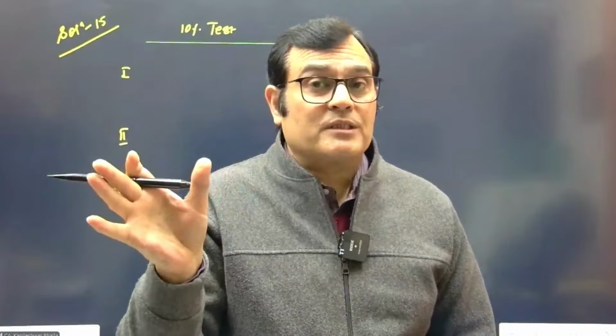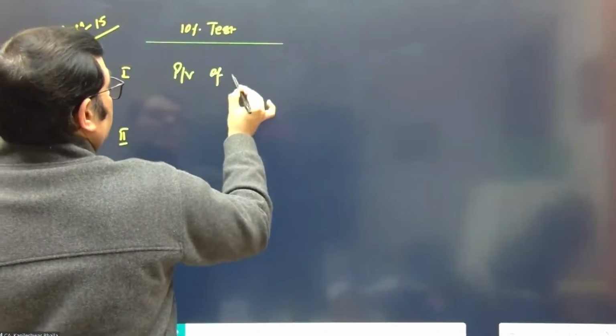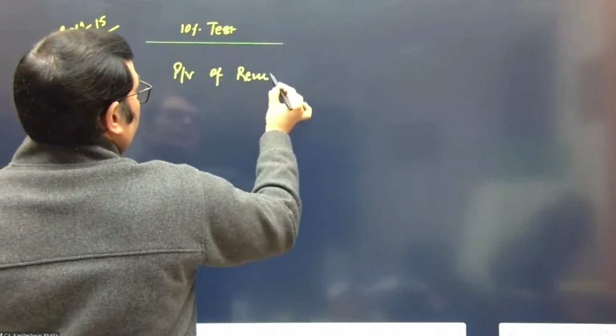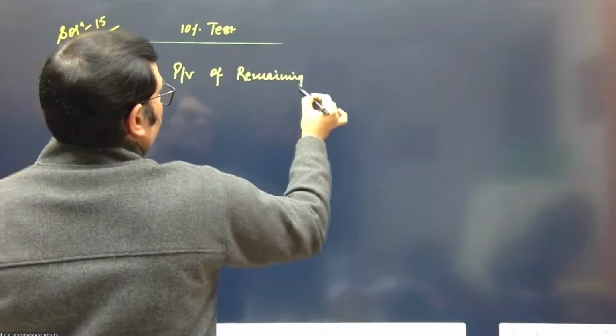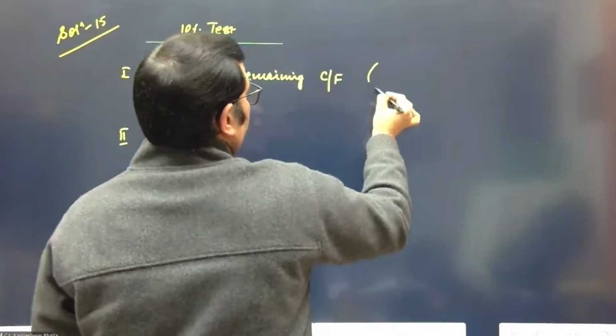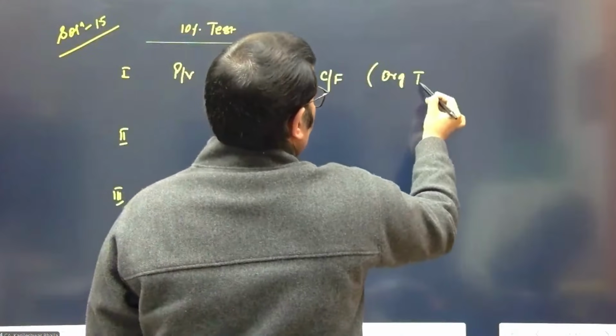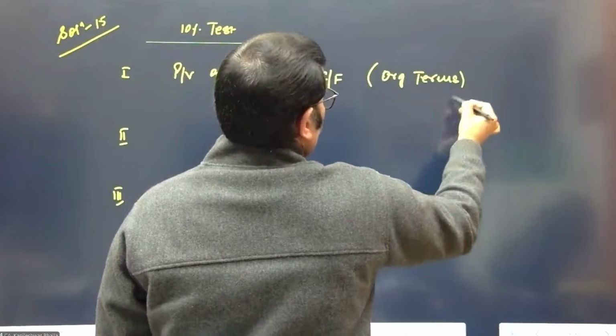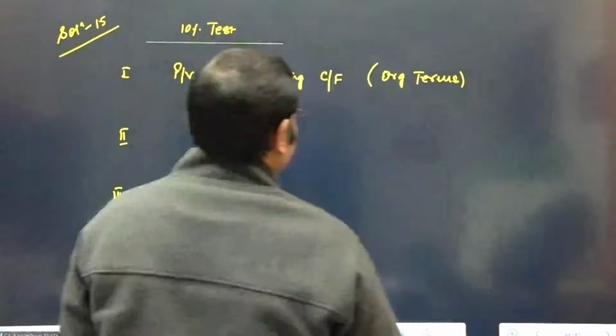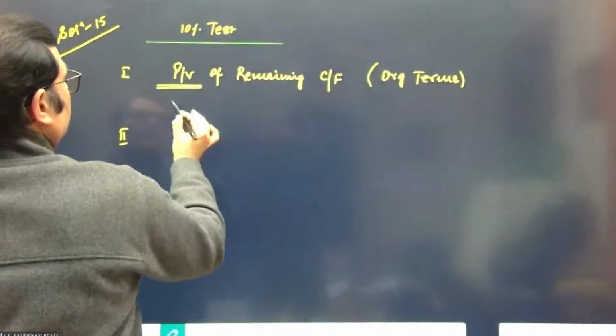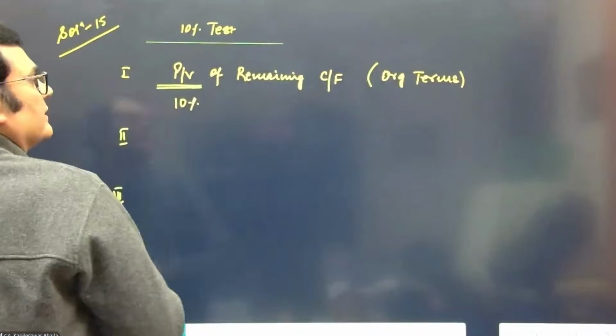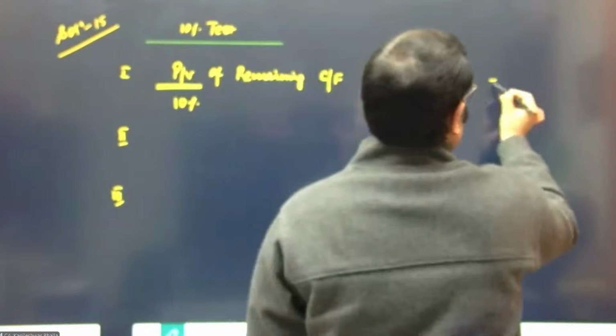Take the remaining cash flows, discount them, but trust me, you're going to get 10 lakh. So in this case, we can directly consider the present value of remaining cash flows, based on the original terms, using the discount rate EIR as 10%. So this is discounting at the rate of 10% itself. So this remains 10 lakhs itself.